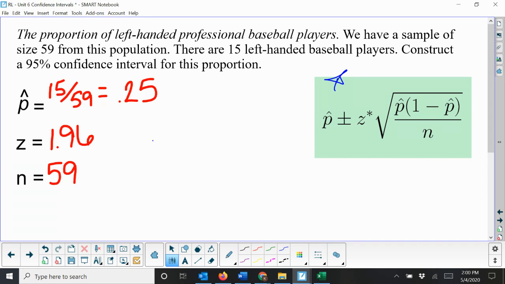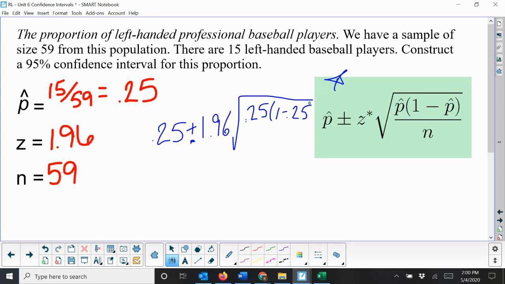So we have 0.25 plus or minus 1.96, and then all of this in the square root: 0.25 times 1 minus 0.25, notice it's in its own parentheses, divided by 59. Make sure that this whole thing is under the square root when you type this in.